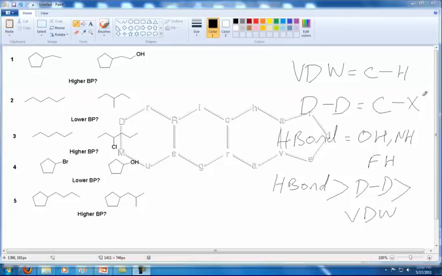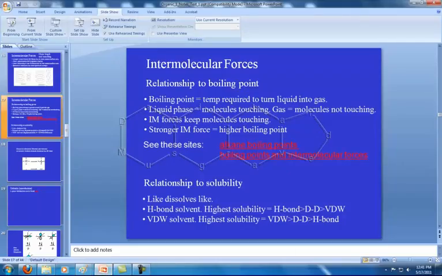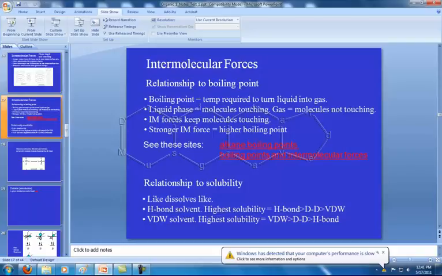The relationship between these intermolecular forces and boiling point is illustrated as follows. Now, what we know about boiling point, first of all, is it's the temperature required to turn a liquid into a gas. What we also know, and we talked about this in the last mini lecture, was that the liquid phase has the molecules touching and gas has the molecules not touching.